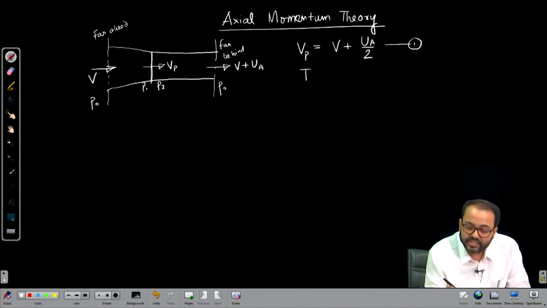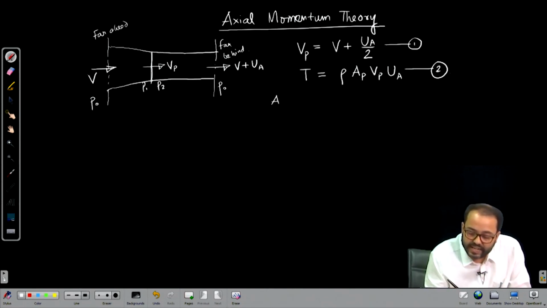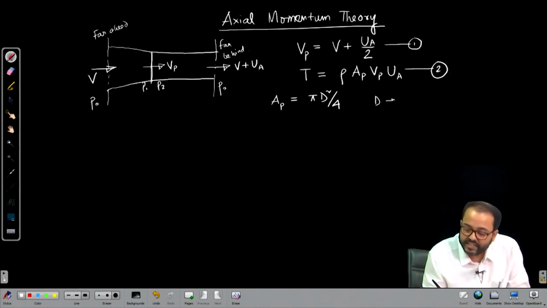Next, thrust is given by rho into area of the disc into the velocity at the disc into Ua, where area is the disc area pi d square by 4, where d is the diameter of the momentum disc.